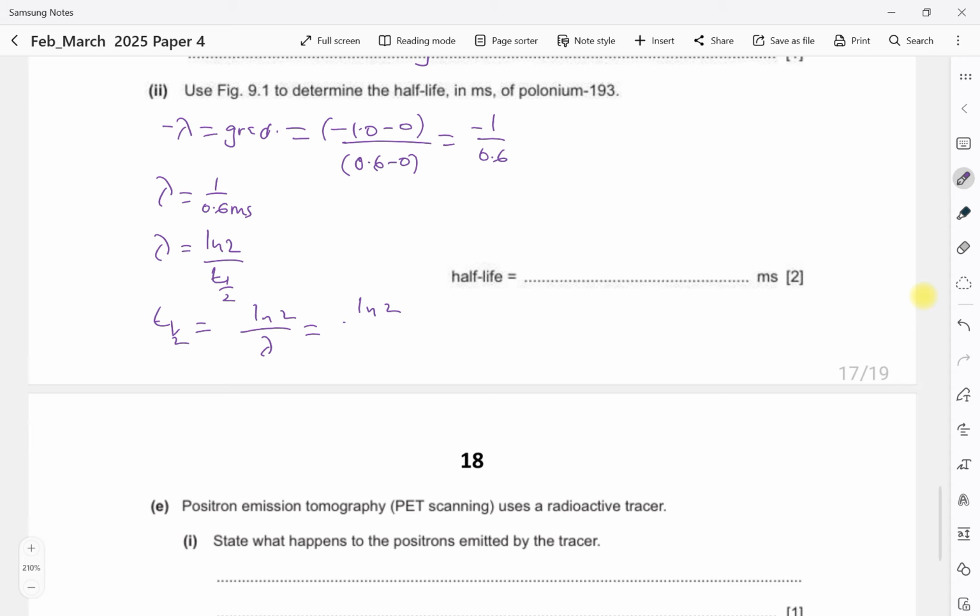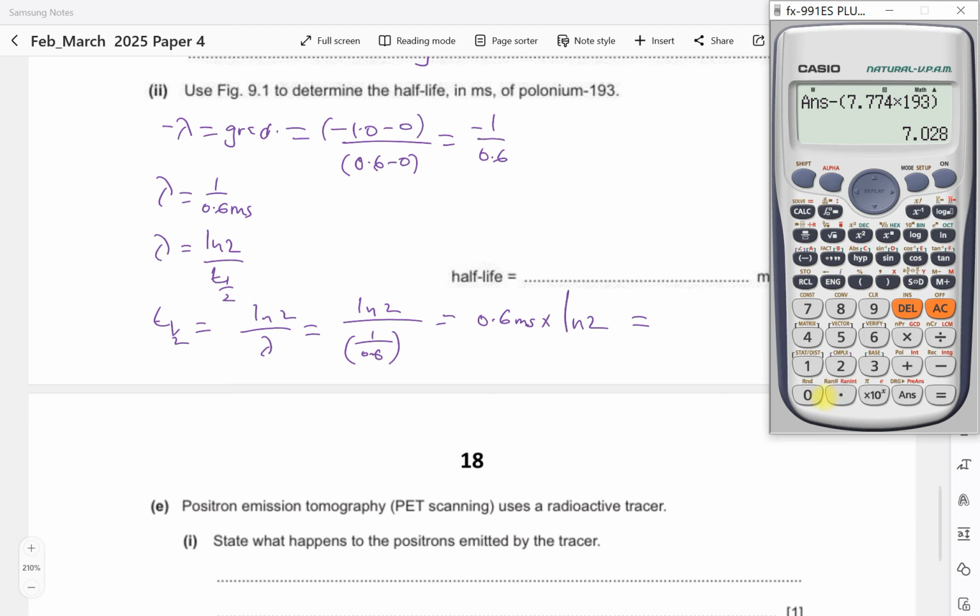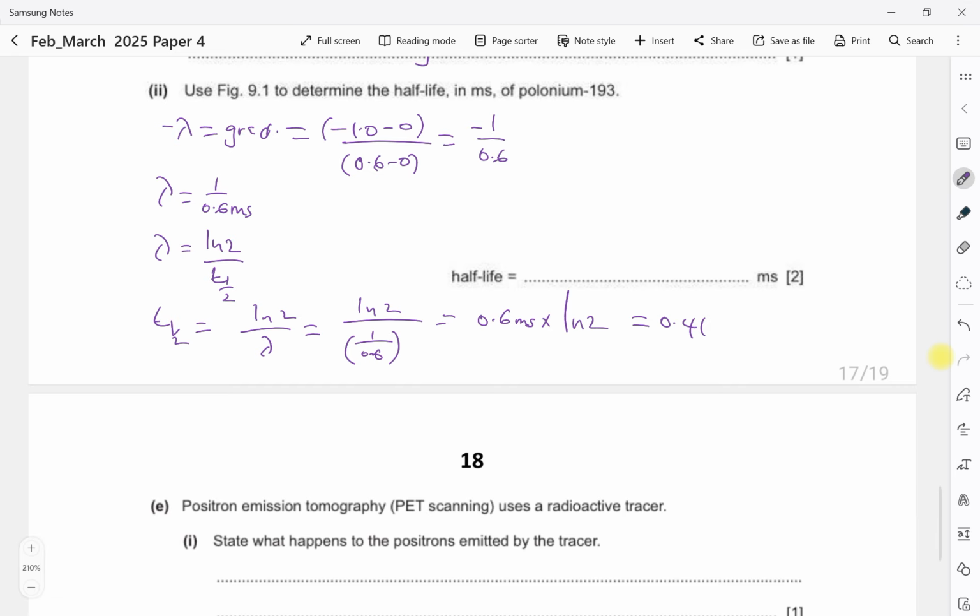That is ln of 2 divided by 1 over 0.6, which is the same as 0.6 milliseconds times ln of 2. So 0.6 times ln of 2 is 0.416, or I can write 0.42.